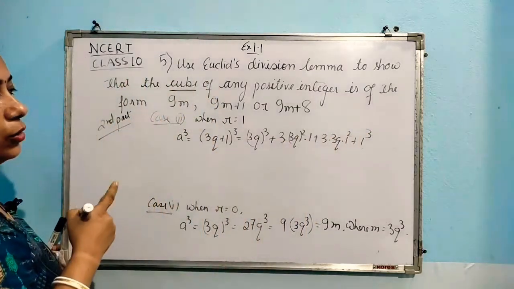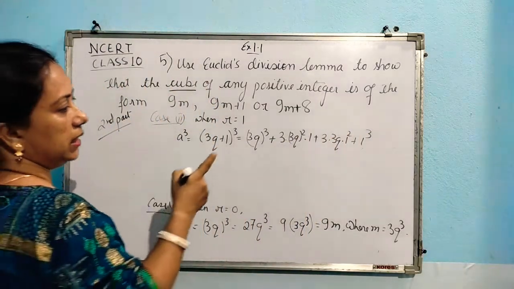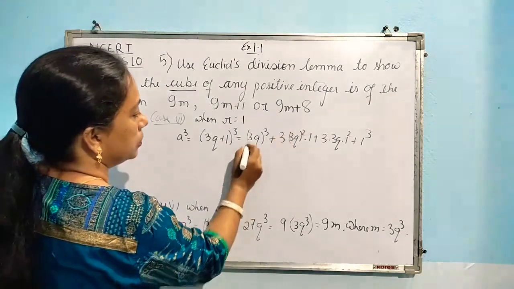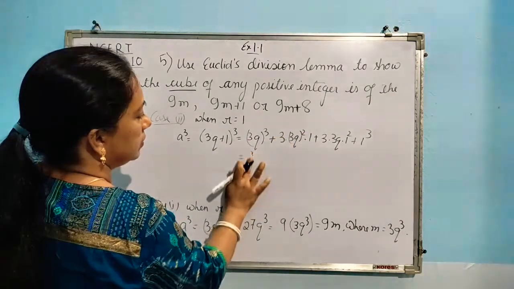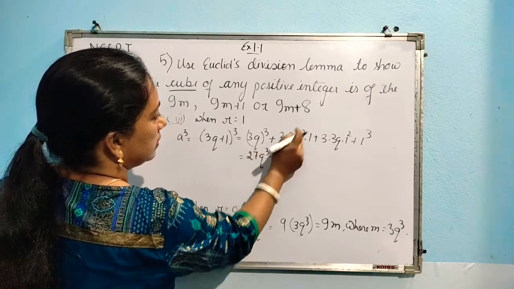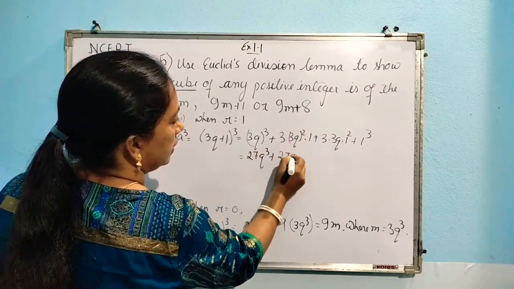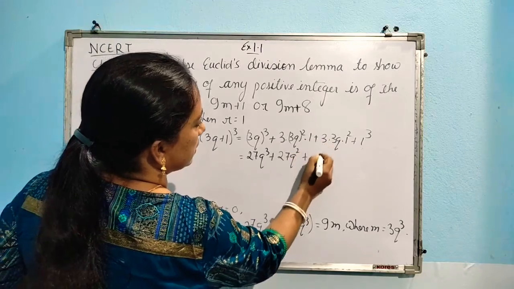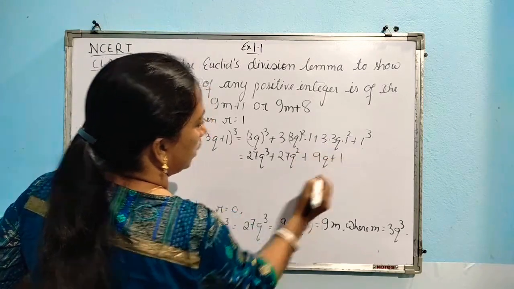Got it? So 3 3s are 9, 9 3s are 27 q cube plus 3 3s are 9 and 3 27 again q square plus 3 3s are 9q plus 1.